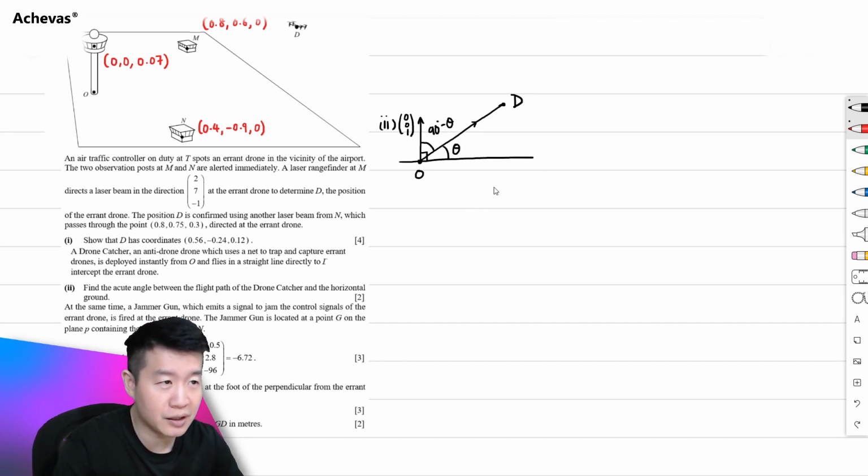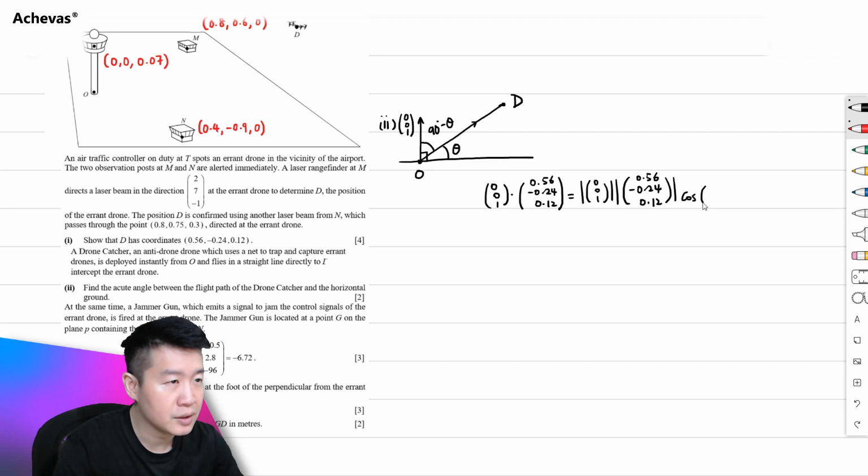So I'll use dot product (0, 0, 1) dot OD, which is (0.56, -0.24, 0.12). This is equal to modulus of (0, 0, 1), modulus of (0.56, -0.24, 0.12), then cosine of 90 degrees minus theta. And to make sure that I'm working on acute angles, I'm going to put an overall modulus.